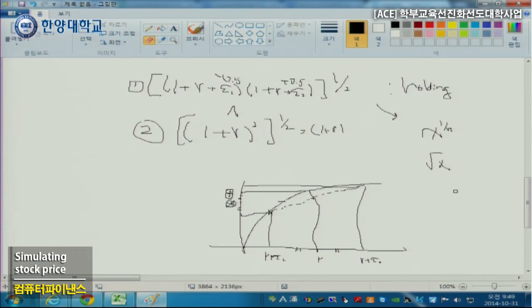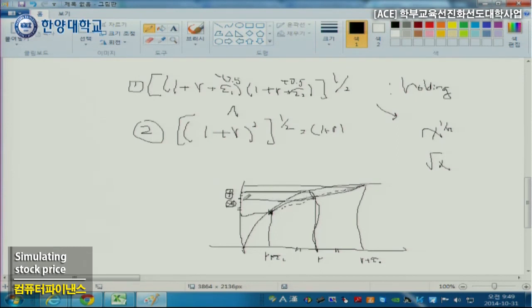So if we simply use the expected return of this one, then if there is no uncertainty, per year we are making this amount of money. But actually what we are making is either this one or this one, and we are making the average of them.